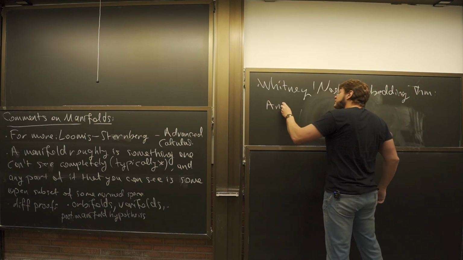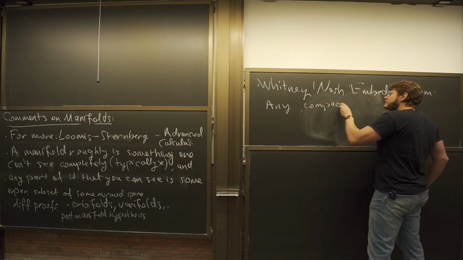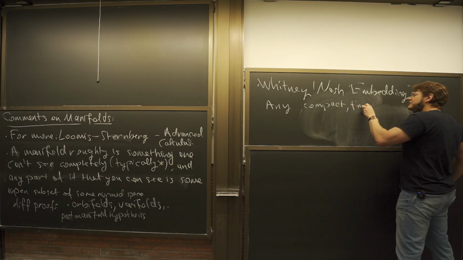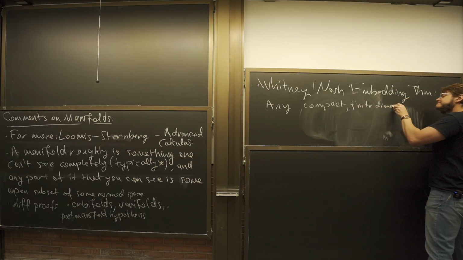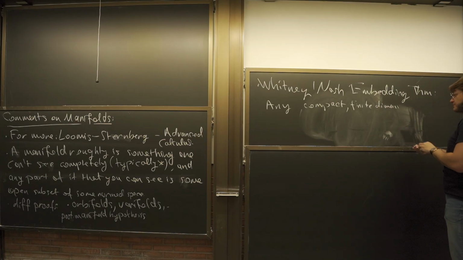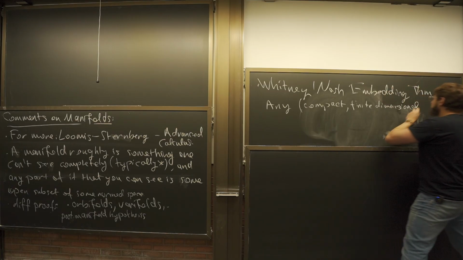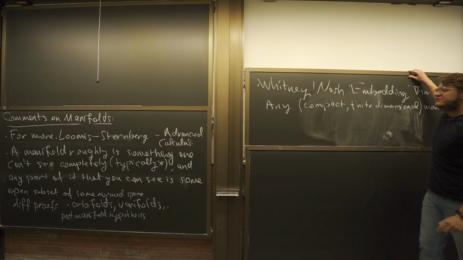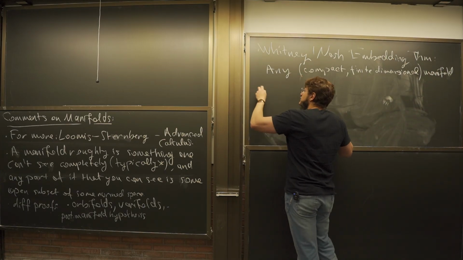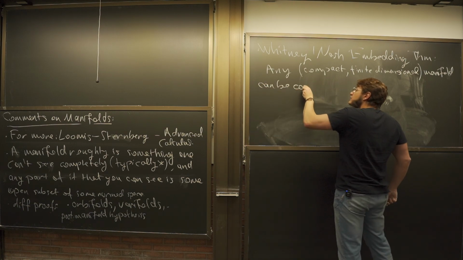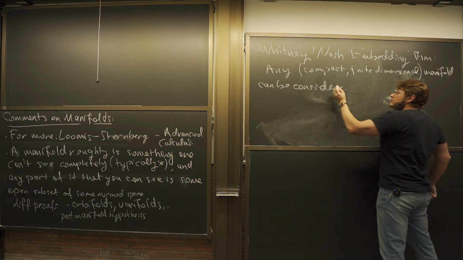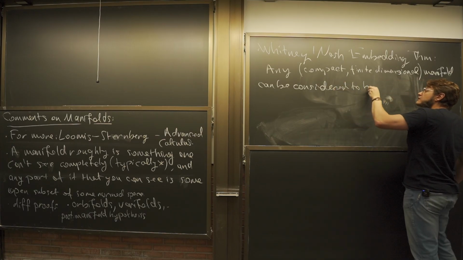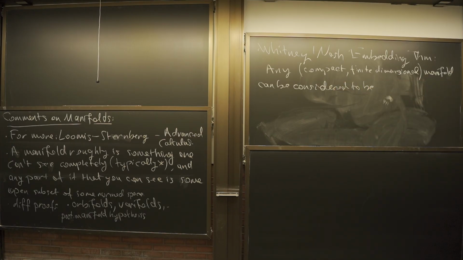Any compact finite dimensional manifold can be considered to be some subset of some Euclidean space of very large dimension, possibly.